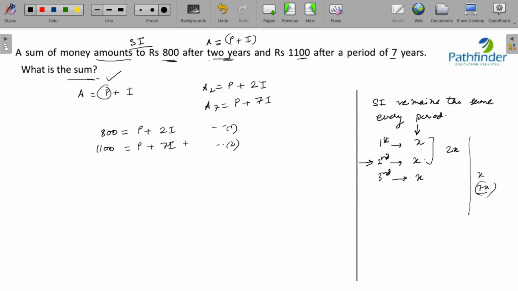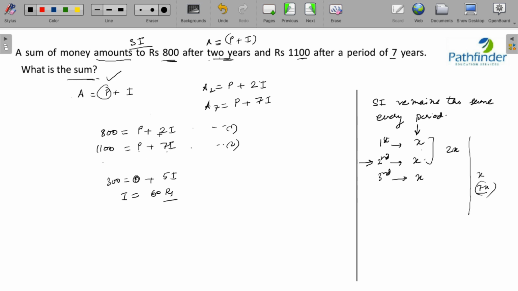You can just solve this as simultaneous equations, or linear equations, subtracting equation 1 from equation 2. So P minus P will give me 0 here. 7I minus 2I will give me 5 times I here, and 1100 minus 800 gives me 300. On simplifying this further, I'll get the value of interest every year as 60 rupees.